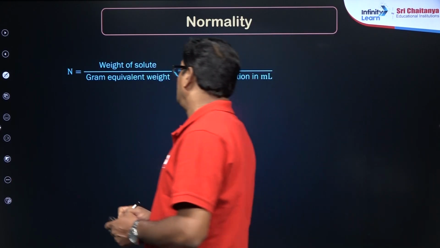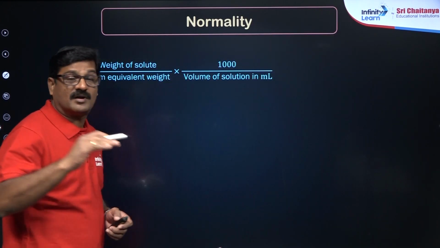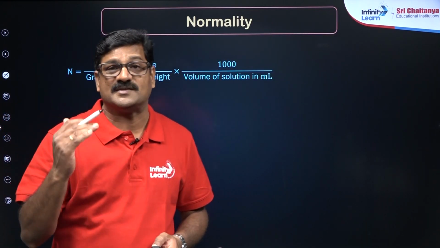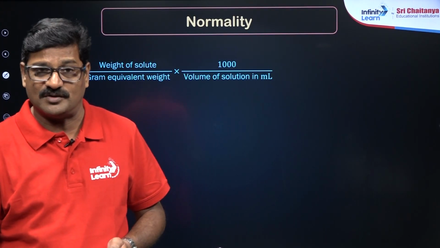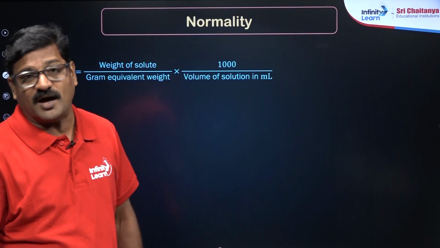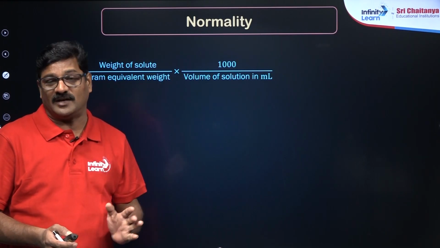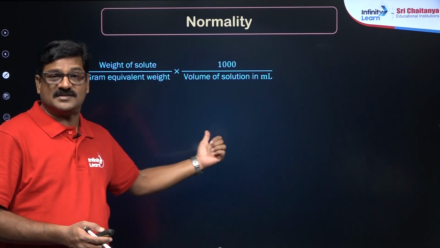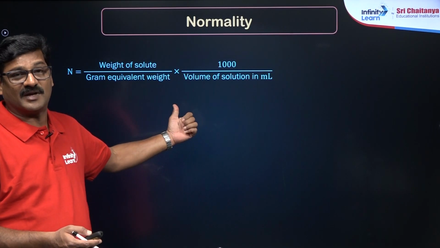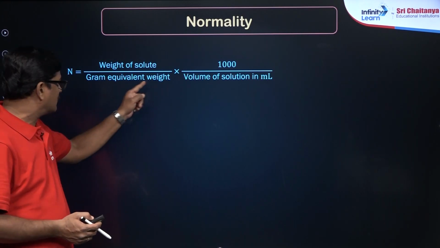Talking about normality, normality is the number of gram equivalents present in a liter of solution. It is just like molarity. In molarity you take the number of moles, whereas here you have to consider the number of gram equivalents, and there is a term called gram equivalent weight.